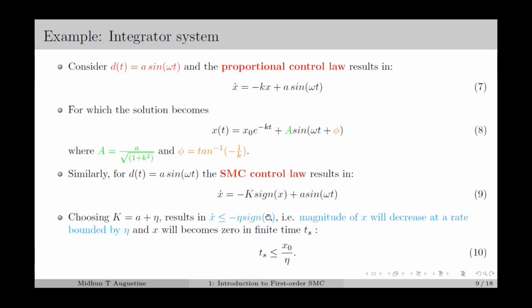This is because sin omega t is a bounded function, bounded by plus 1 and minus 1, so the magnitude of this term will be bounded by a. Now if we select k equal to a plus eta, then this term will become dominant and x dot will always be less than or equal to minus eta signum of x. Therefore, the magnitude of x will decrease at a rate bounded by eta, and x will become 0 in a finite time ts, where ts is less than or equal to x0 by eta.